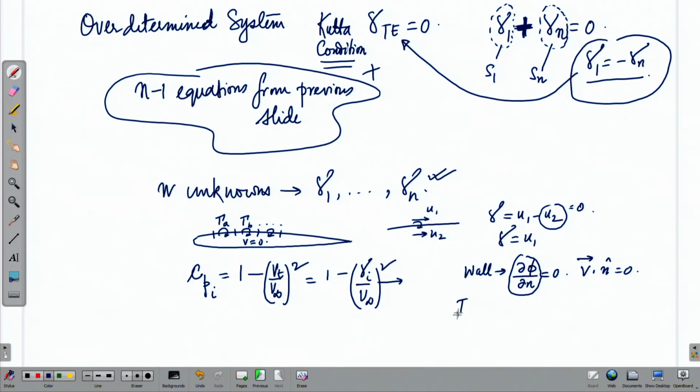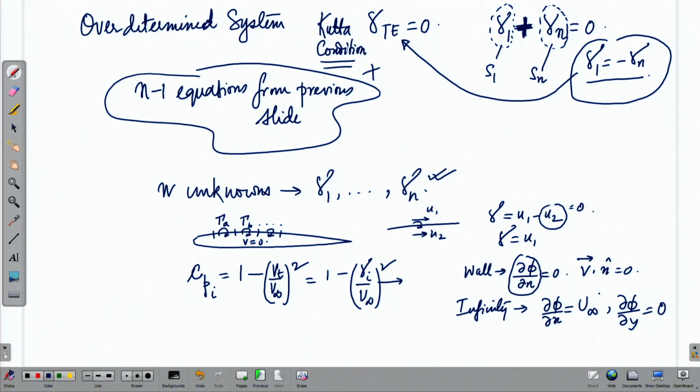While at infinity, very far from the body, what are you going to satisfy? You are going to satisfy the condition that del phi del x is equal to u infinity, del phi del y should be 0 if it is a flow aligned along the x direction, but here it is coming in at an angle of attack.